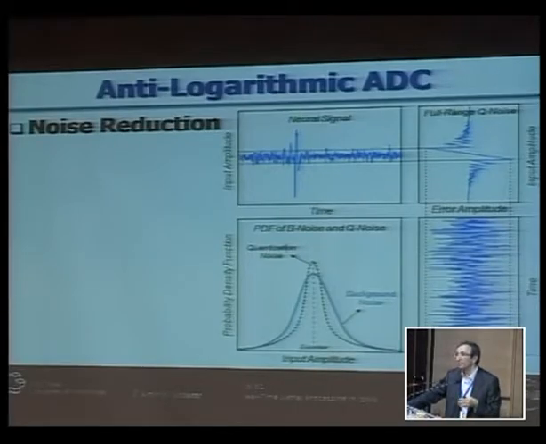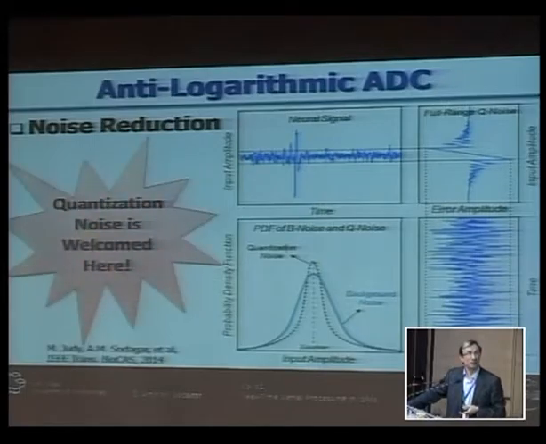So this means that what is quantization noise? Loss of some part of the signal information. So if these two overlap, then it means that we are getting rid of the non-useful background noise. So quantization noise is exceptionally welcomed here.